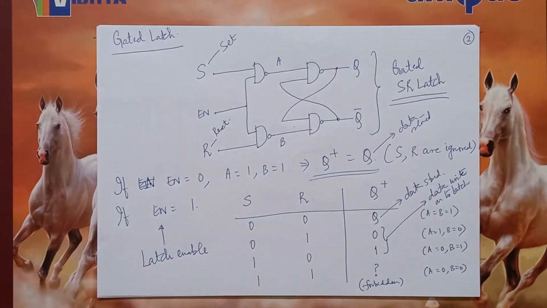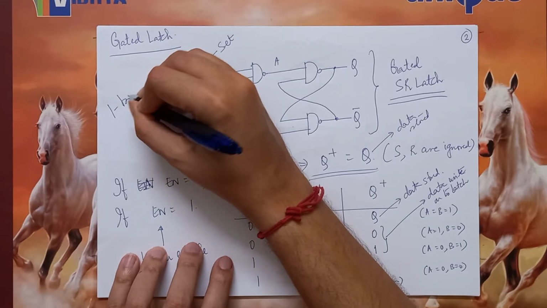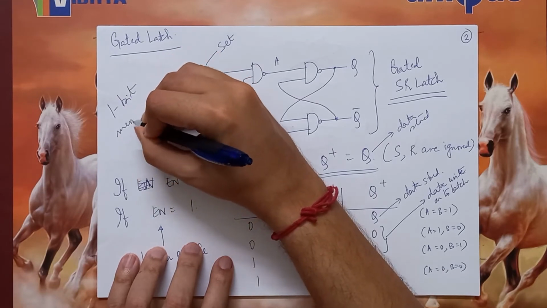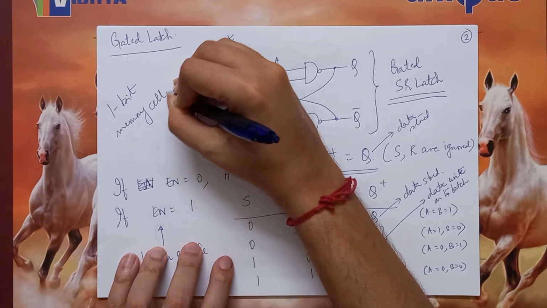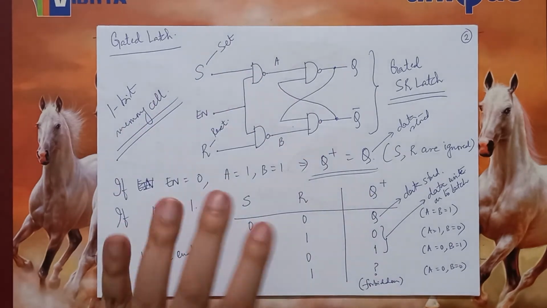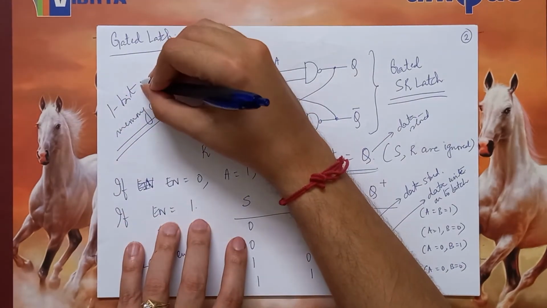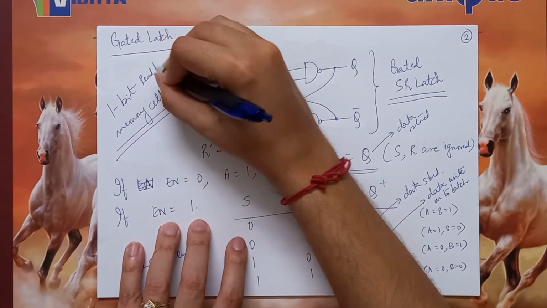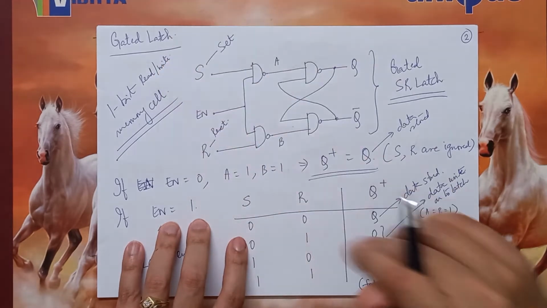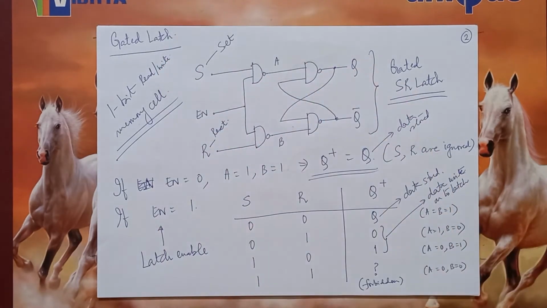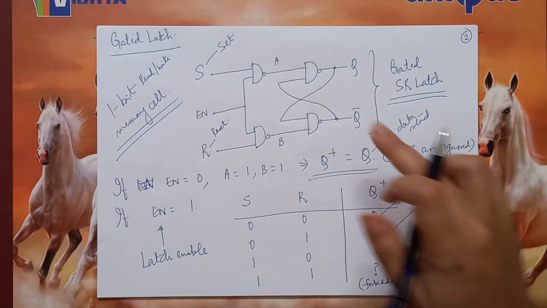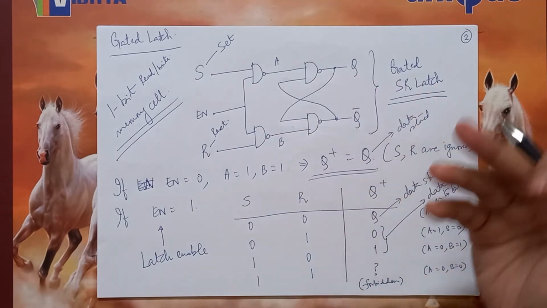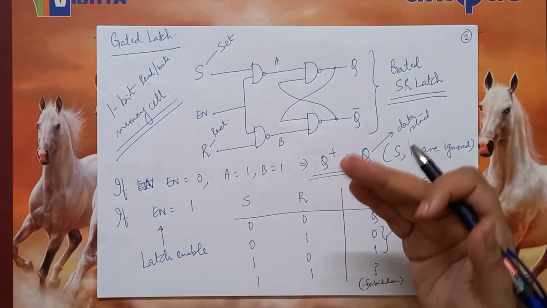So truly, this is also called a 1-bit memory cell, or I should say 1-bit read-write. You can write data values of 0 and 1 onto the state variable, and you can also store that, which can be read at any point of time. Read means access.